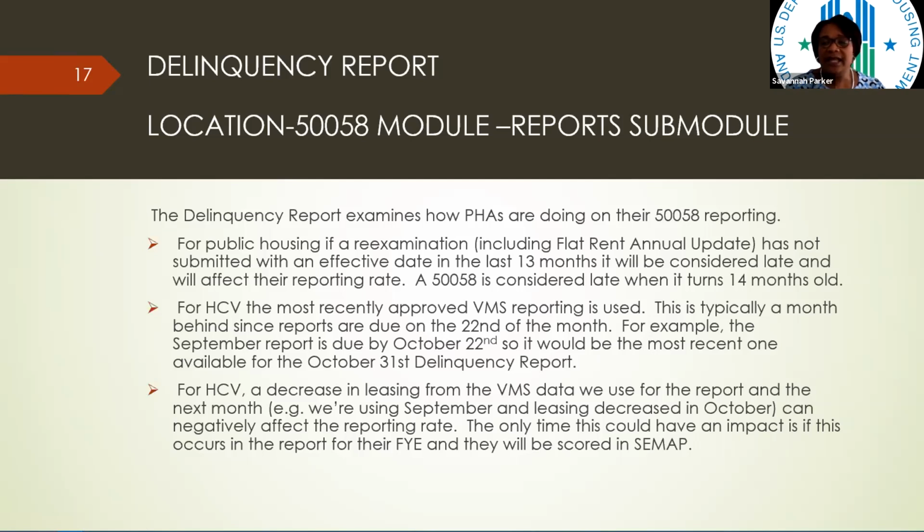So those numbers a lot of times will not be reflective of what's currently going on with your voucher program. So sometimes it's a little difficult to figure the Section 8 part out, but just know that the data pulled into that delinquency report is pulled from VMS, and VMS is always a month behind the summarization report.